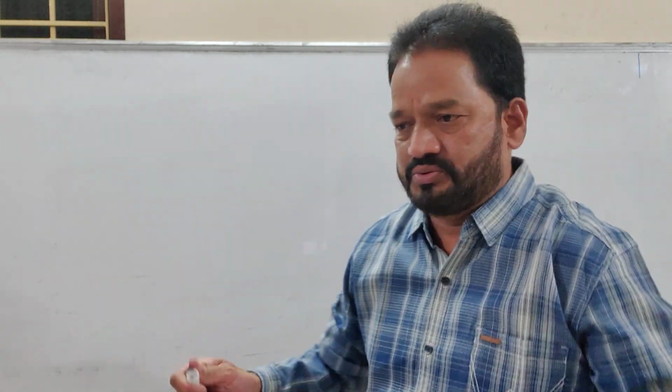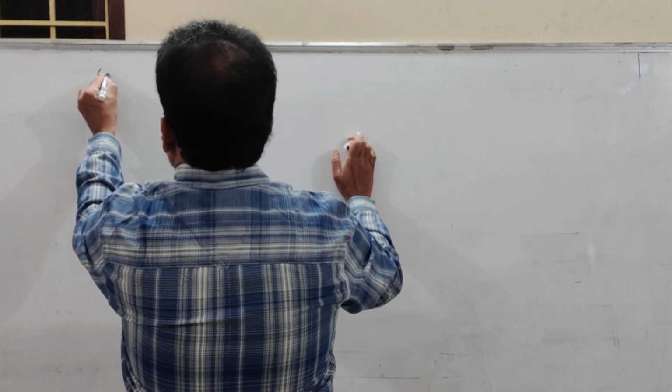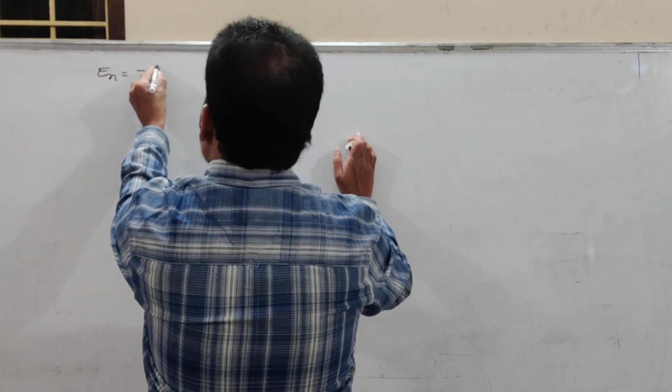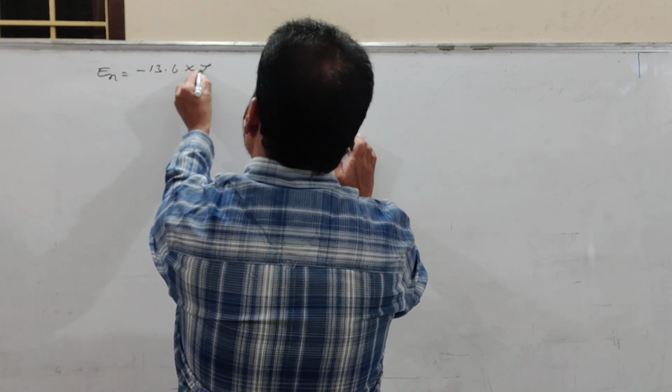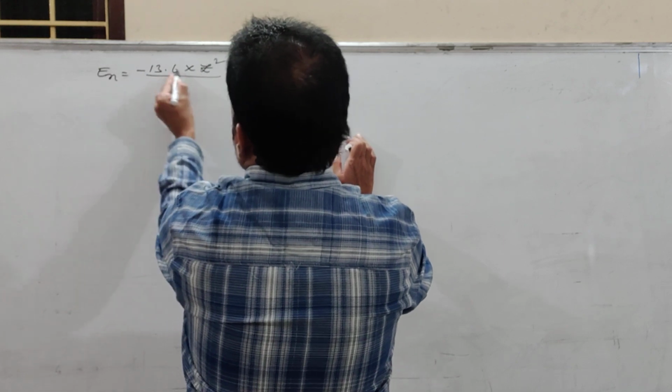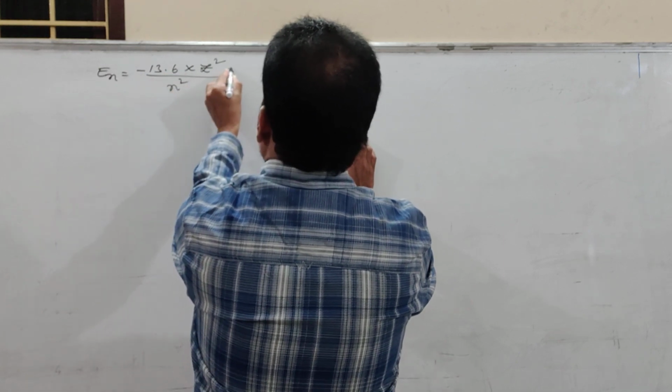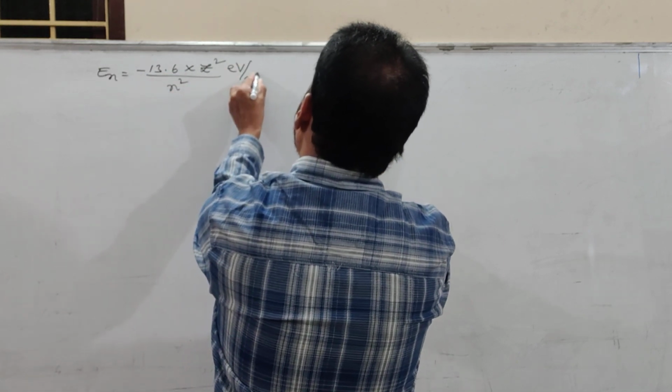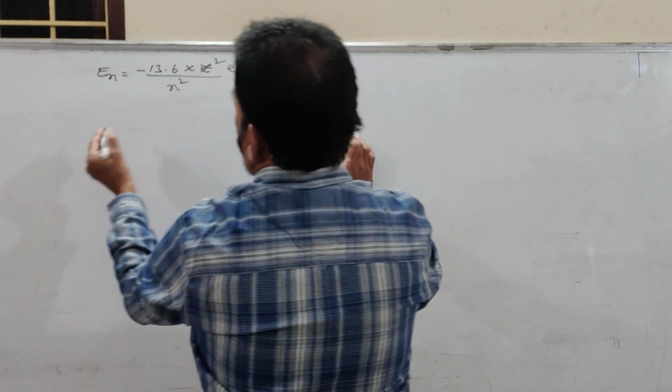That previous expression I want to write once again, my dear students. En is equal to minus 13.6 into Z square by N square electron volt per atom.